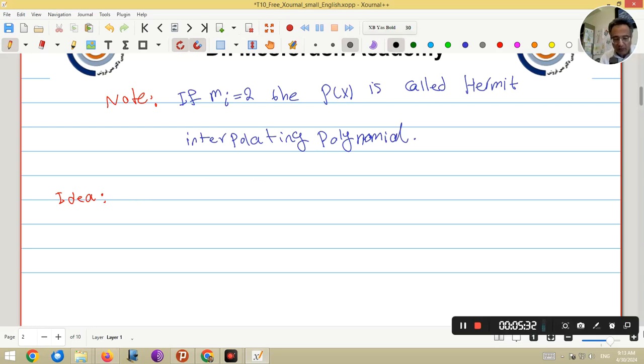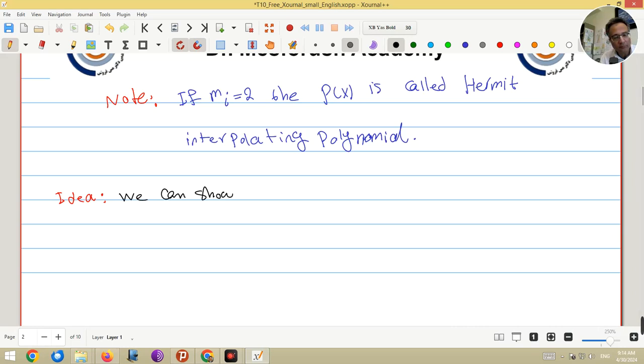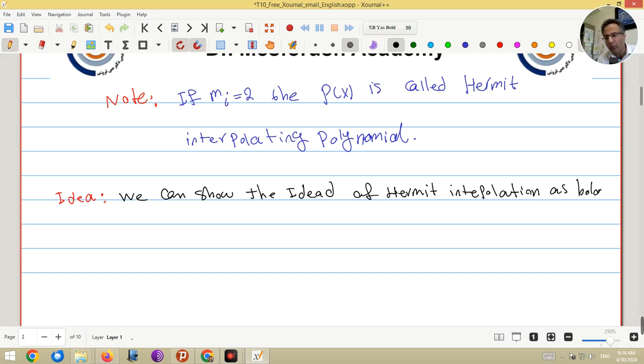We can show the idea of Hermite interpolation as below.